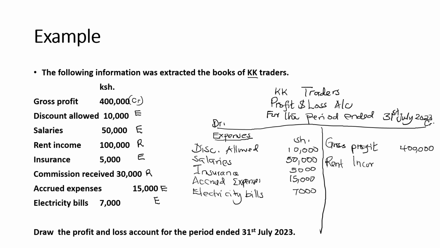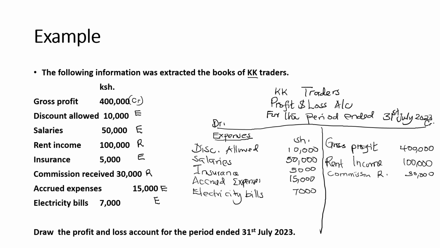Rent income of how much? 100,000. Another income there we have, commission received. Commission received of 30,000. There is no other income. Those are the ones we have.